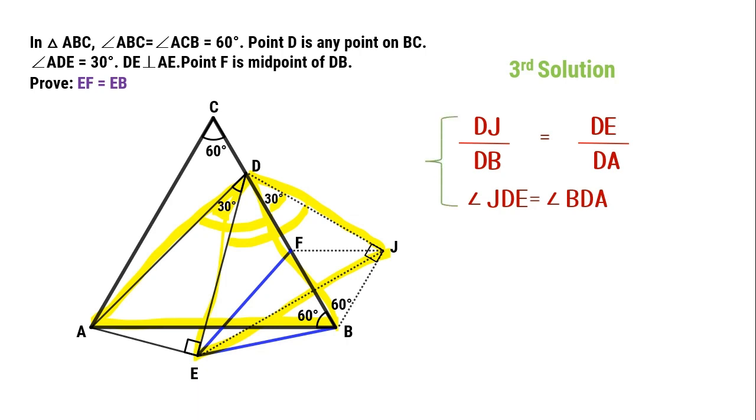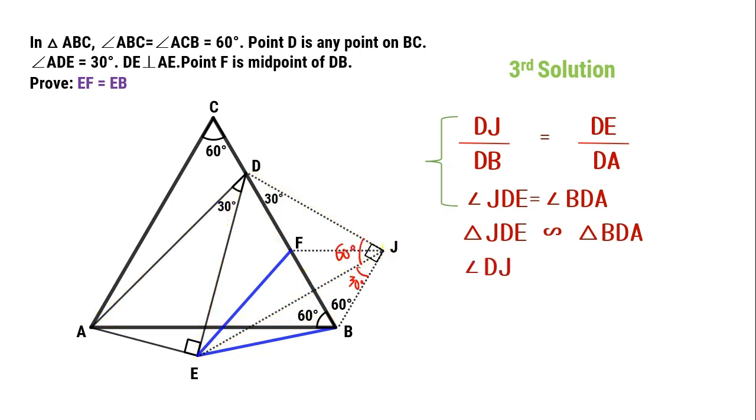From the SAS theorem, we get triangle JDE similar to triangle BDA. So angle DJE equals angle DBA, which is also 60 degrees.